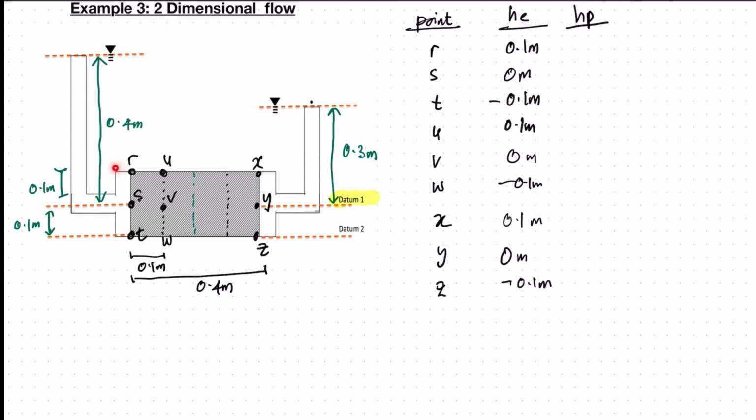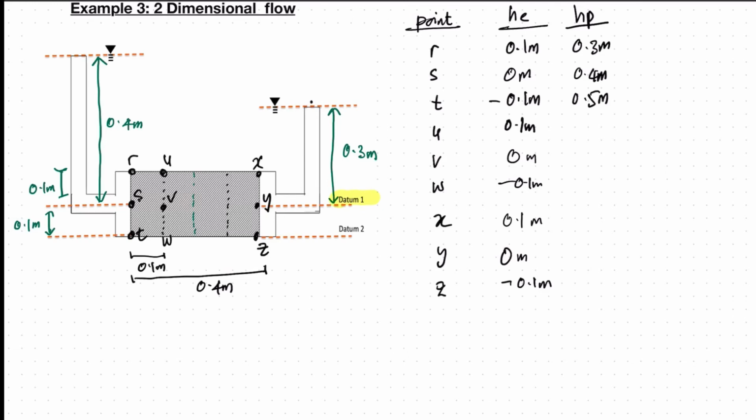So it is 0.4 minus 0.1, which is 0.3 meter. S is 0.4 meter. And T is going down, 0.4 plus 0.1, so it is 0.5 meter.